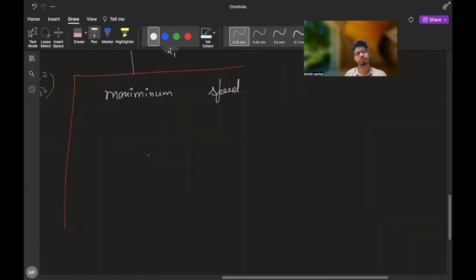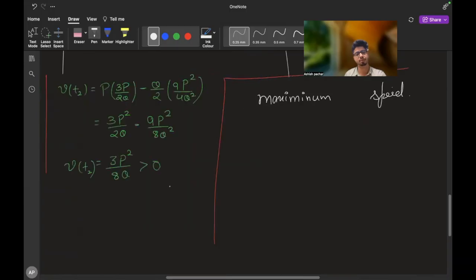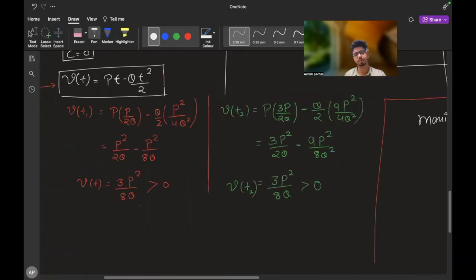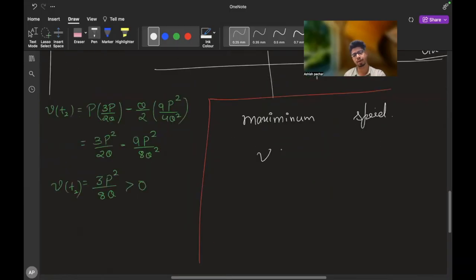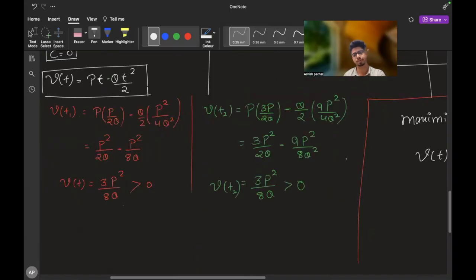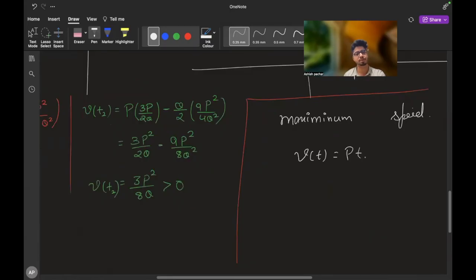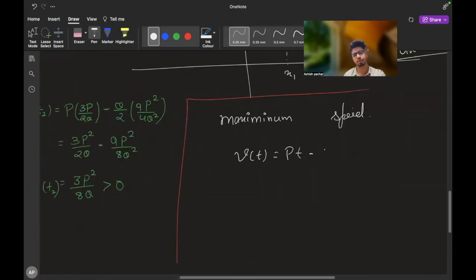To find the maximum, one way is to use the velocity function we discussed: v = pt - qt²/2. To find the maximum as we discussed, we differentiate this. That is the acceleration only.